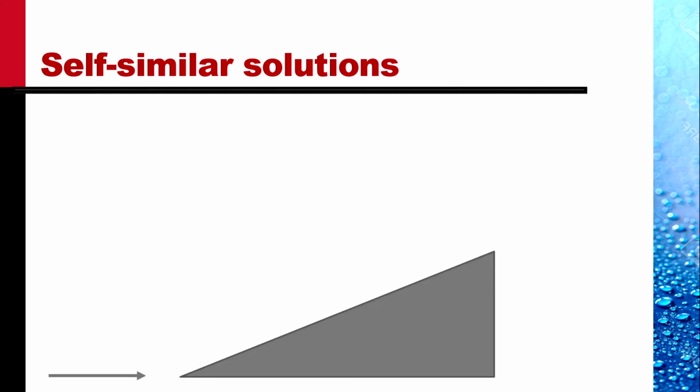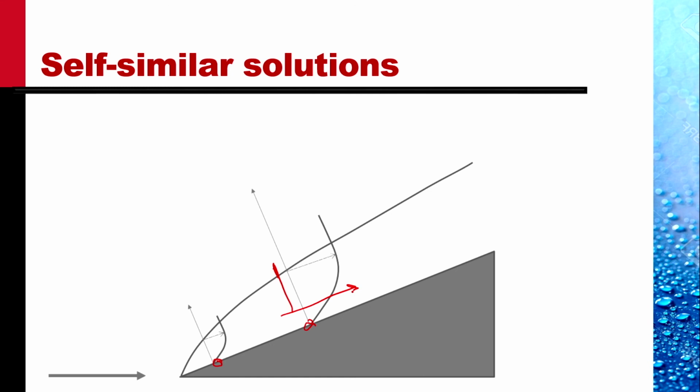So what is self-similar about it? Let this represent the growth of boundary layer. If this is the velocity profile at this location, then this velocity profile at this location has been obtained by simply stretching this velocity profile both in this direction as well as this direction.